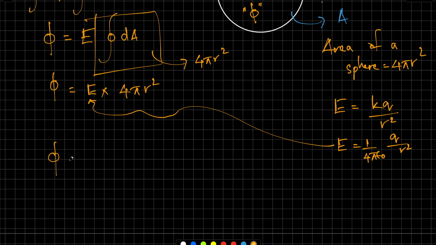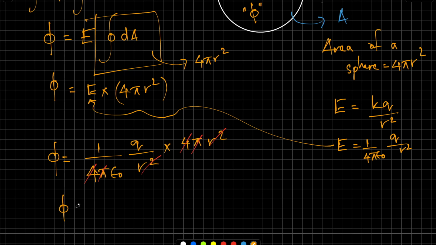Phi equals 1 by 4 pi epsilon 0 q by r square times this 4 pi r square. Let's see what all we can cancel out. 4 is gone, pi is gone, r square is gone. Phi equals q over epsilon 0. That's the equation for electric flux.